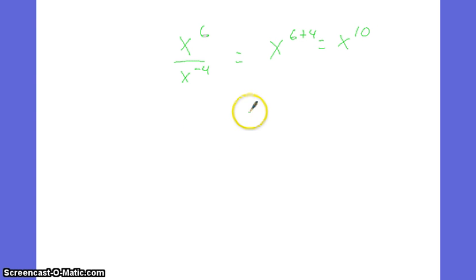Now, if I write the same problem with the denominator, then I end up with this. This time, I'm going to bring the x down, so that's going to become negative. And I get 1 over x to the negative 10th power. Let's do a couple more.